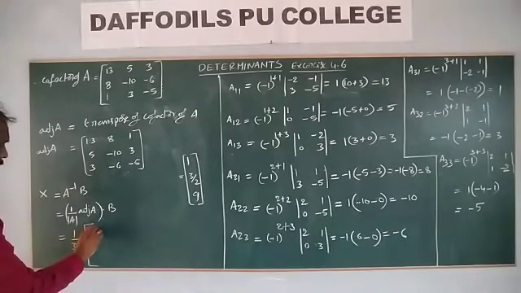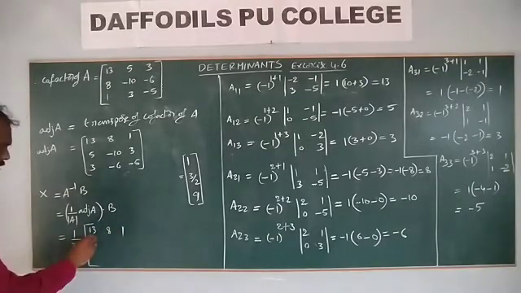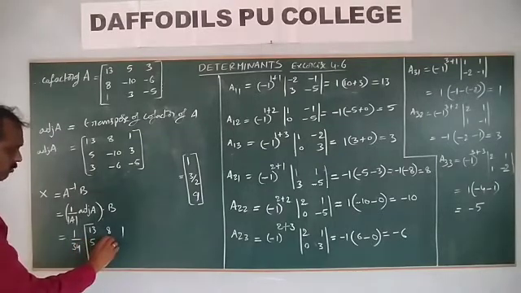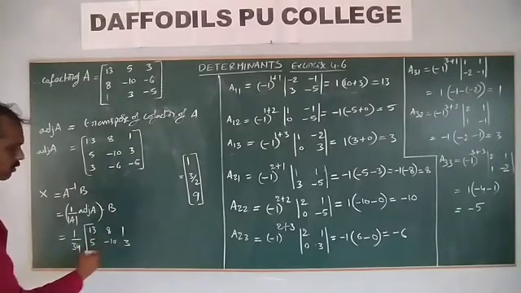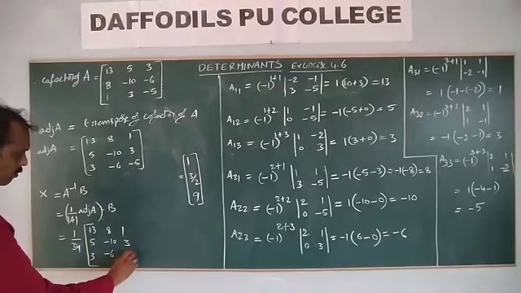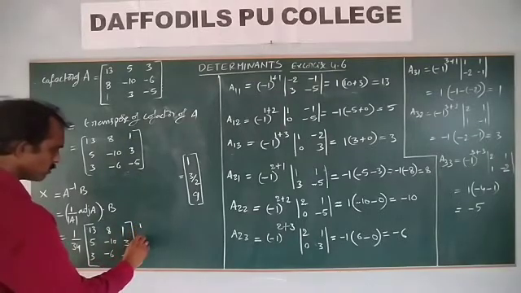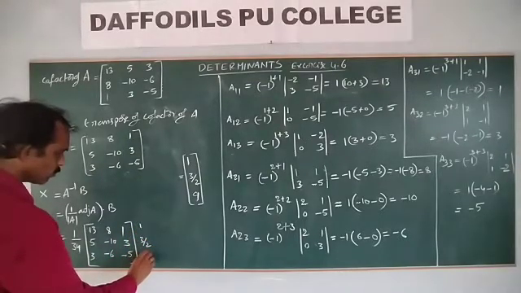Adjoint A is 13, 8, 1, 5, minus 10, 3, 3, minus 6, minus 5. B value is 1, 3 by 2, 9.